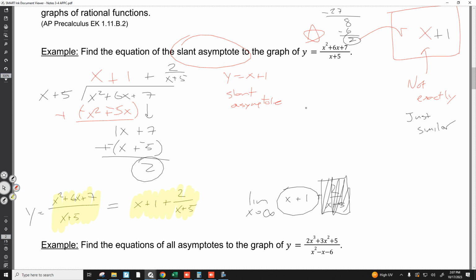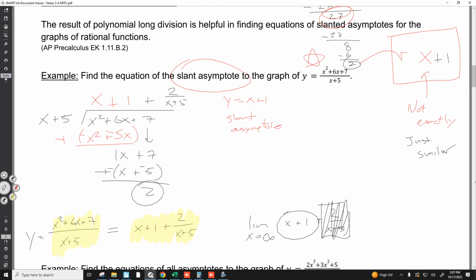Now, really quickly, if you're just dividing by x plus or minus a number, you can use synthetic division. Now, here's how you do synthetic division. x plus 5 is what you're dividing.